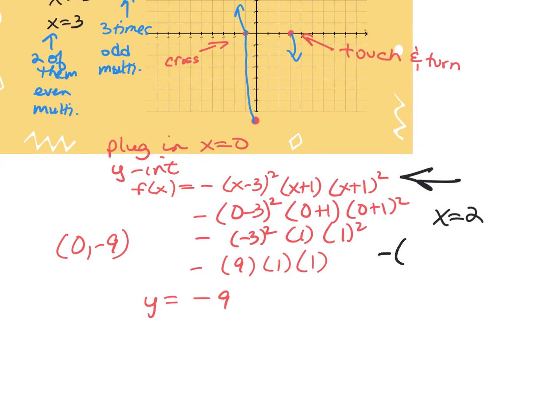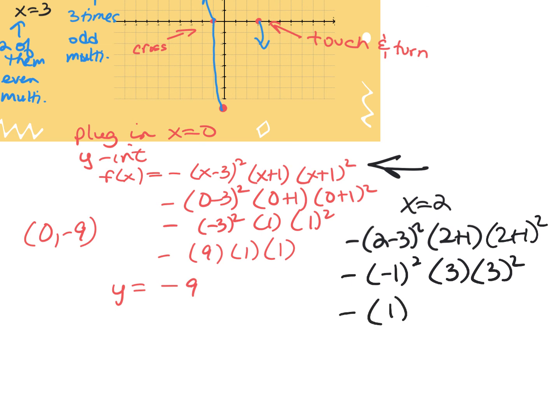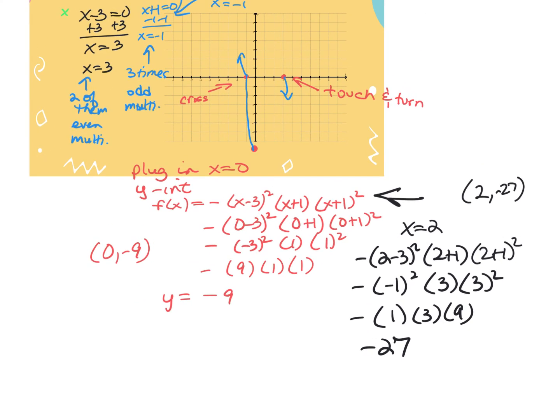So I'm going to get negative and then 2 minus 3 squared, 2 plus 1, 2 plus 1 squared, negative 1 squared, 3, 3 squared, 1, 3, 9, and I get negative 27. So I'm going to be graphing the ordered pair 2 comma negative 27. So obviously it's going to go way down here.